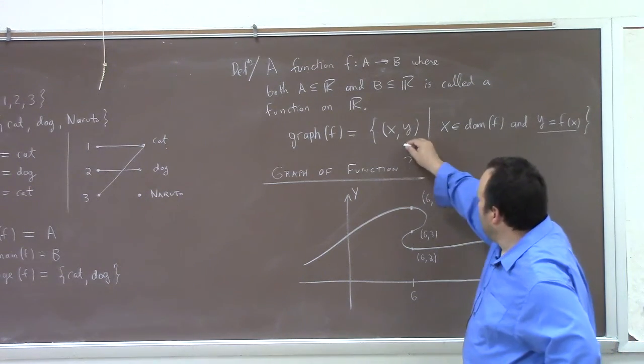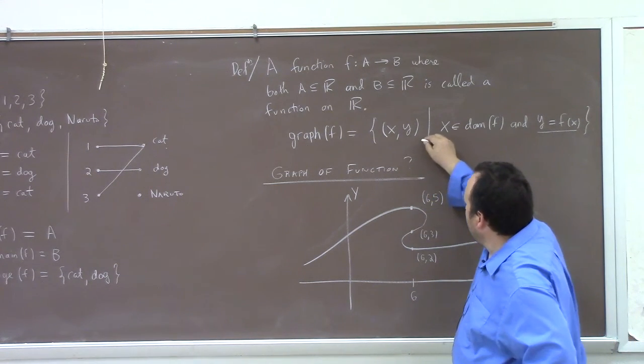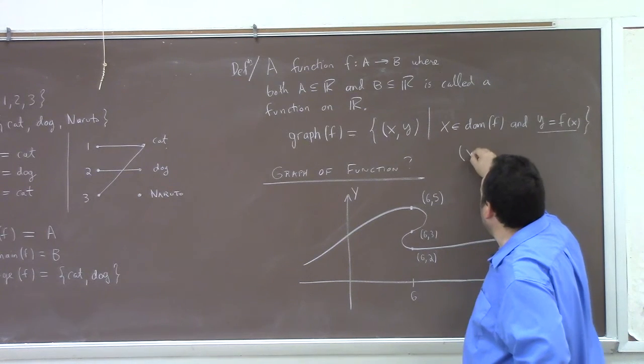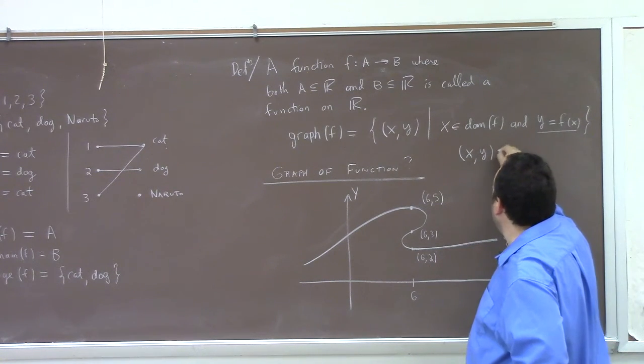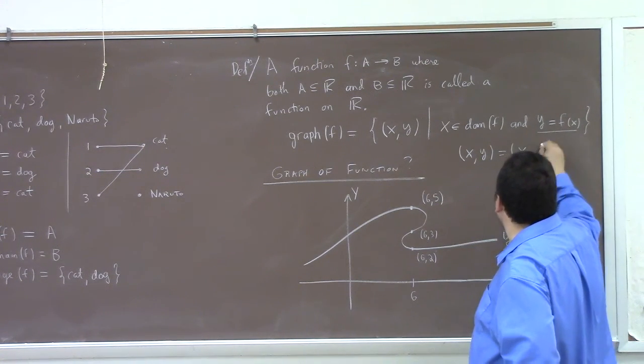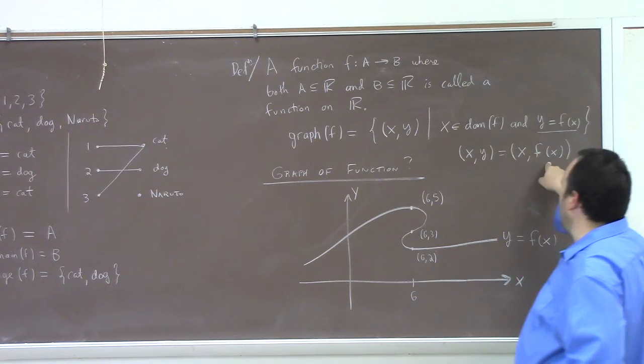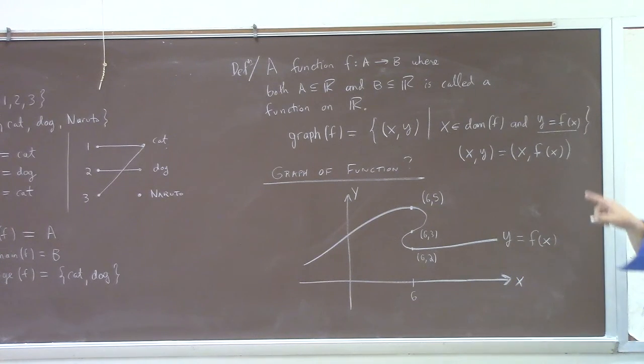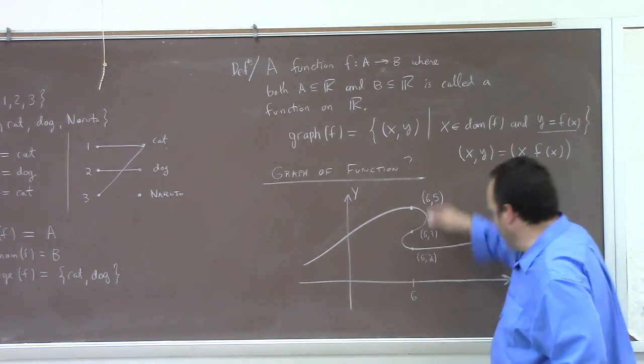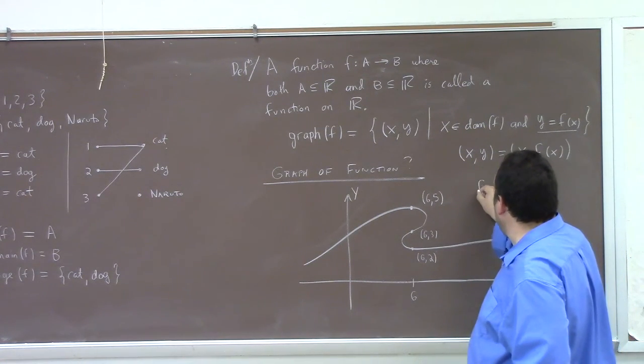So I think this is even easy. So look, xy is equal to x comma f of x is how I usually think about it. A point on the graph of a function has the format x comma f of x. So if I want to read off values of the function from the graph, I use this as my guide. So looking at these 3 points, what's f of 6 equal to?